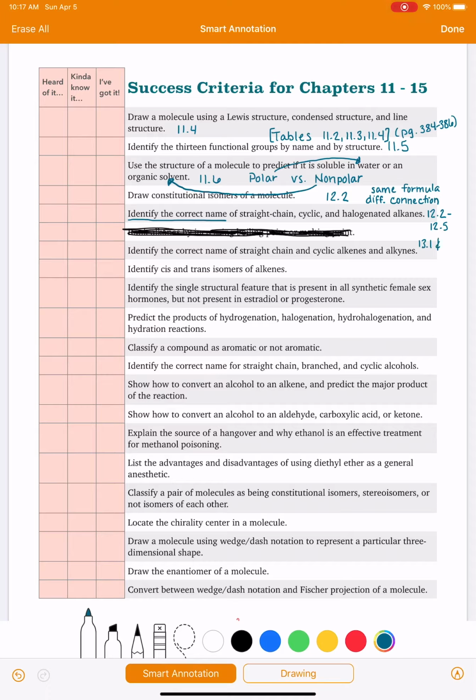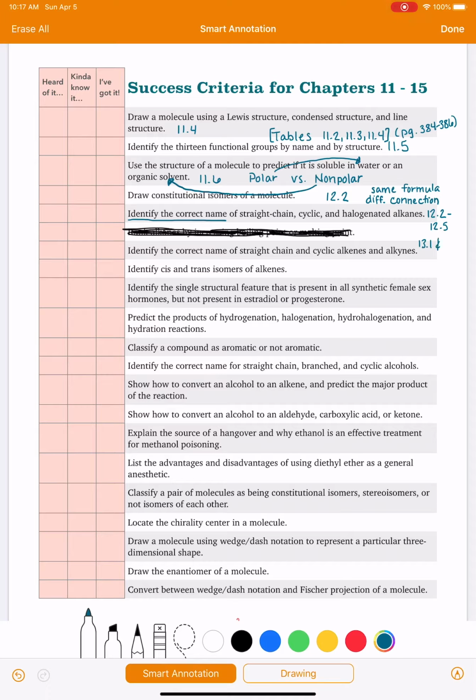If I remember correctly, we did not do predict the major product. We just did the reaction, didn't worry about predicting the major product. Cross that out. Show how to convert an alcohol to an aldehyde, carboxylic acid, or ketone. That's in the same section, 14.5, the oxidation reaction.